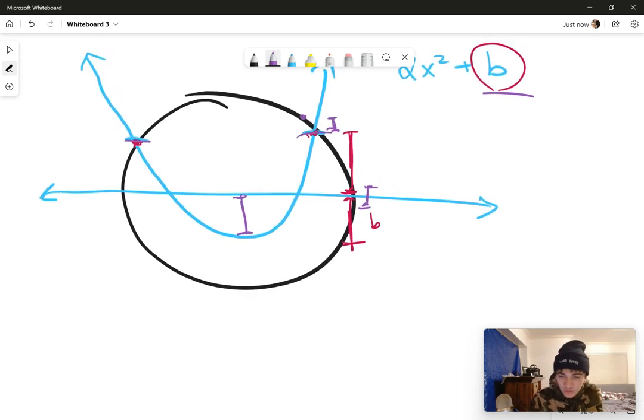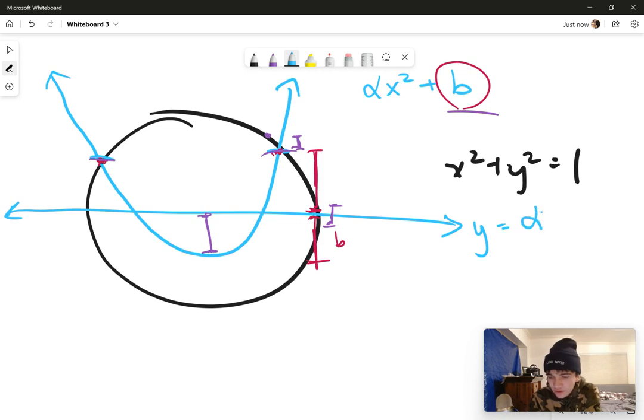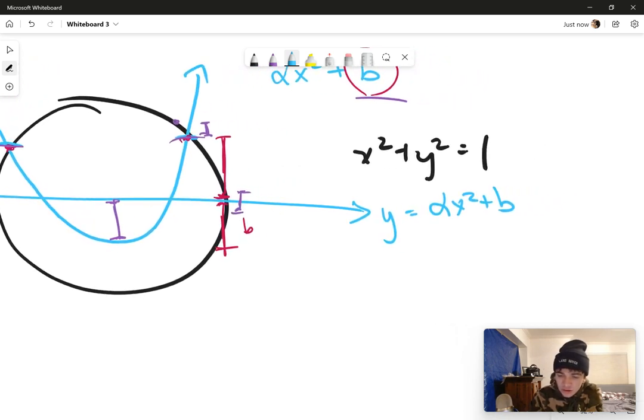Okay. And so quickly we can calculate the points of intersection. We have the circle, which is governed by x squared plus y squared equals 1. And then the parabola is governed by y equals alpha x squared plus b.